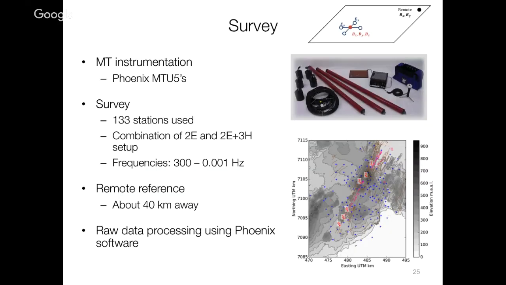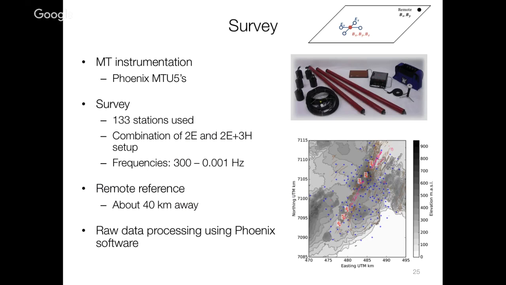So there were 133 stations, where you measure Ex, Ey, and the three components of B. And here's what the field equipment looks like. These are magnetic coils to measure the three components of B, and here are your electrodes for your potentials. And yes, 133 stations. It's a very wide band.